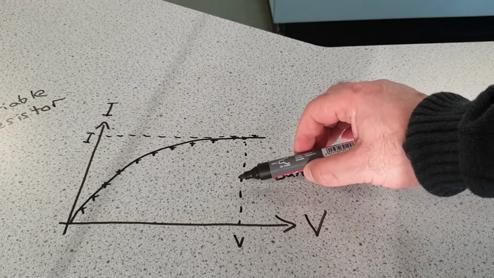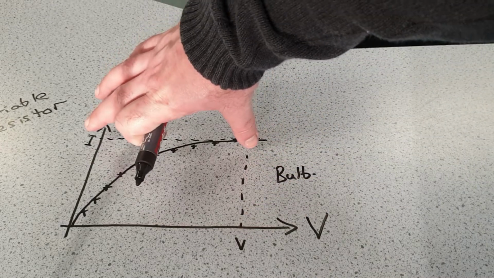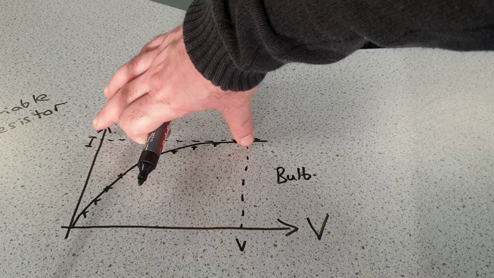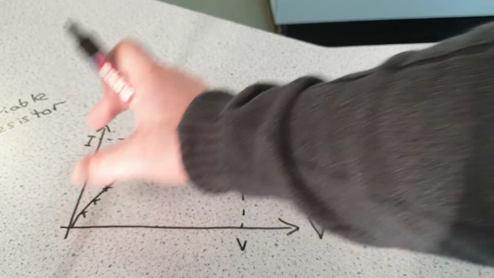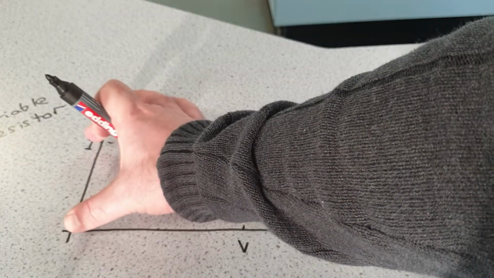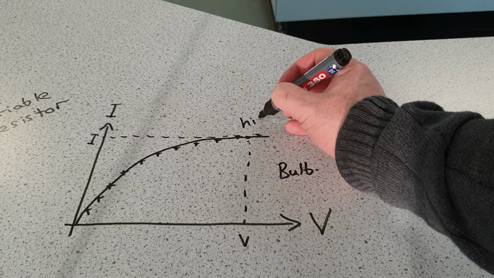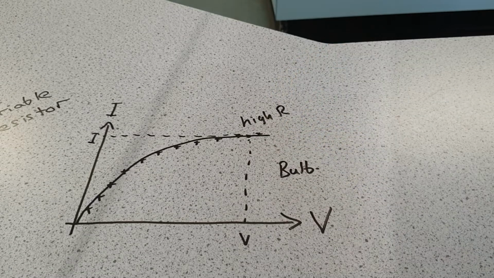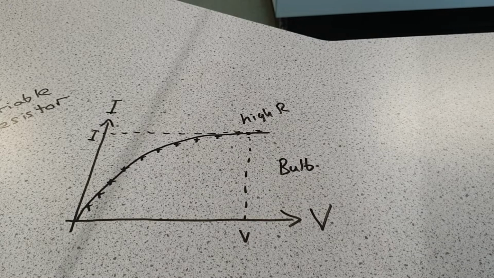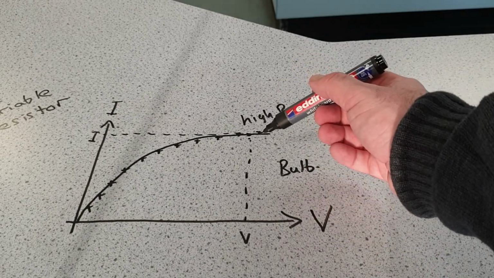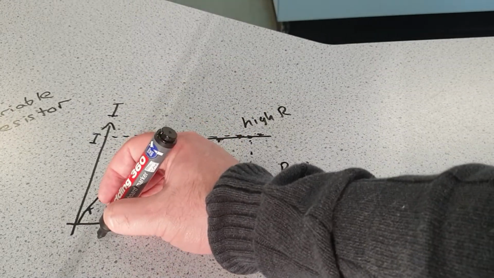I think what you can probably see is that the ratio of voltage divided by current at this point here, because the current is fairly small compared to the voltage, okay, there's the current, there's the voltage, you would get a high resistance at this point here. So when the voltage is very high across the light bulb, you get a very high resistance.